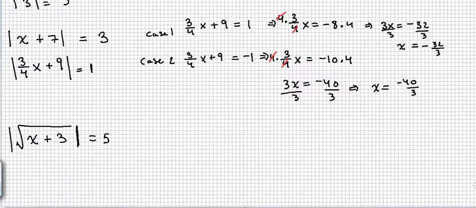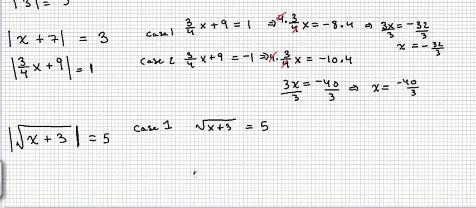Let's look at our last case for our linear equalities. We're going to have something that's going to either land on 5 or negative 5, so we have to write those cases up. Case 1 is where the square root of x plus 3 is equal to 5.